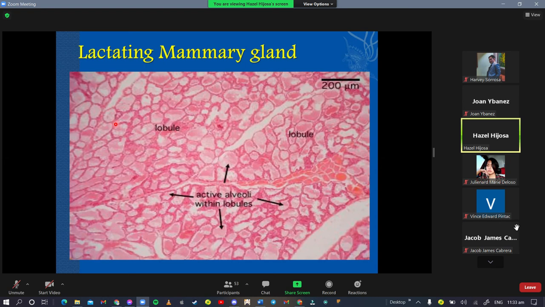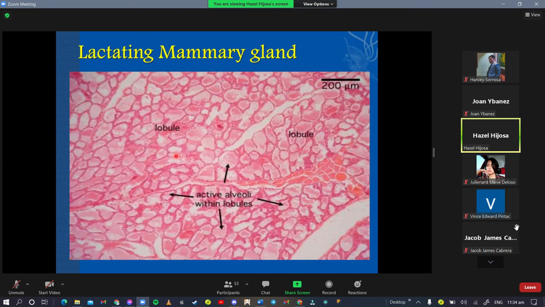In contrast to that, the lactating mammary gland is composed of small, grape-like clusters of small secretory alveoli. These are well-developed. Alveoli are not found in a resting or inactive mammary gland. These alveoli are well-developed and branch from the duct system.